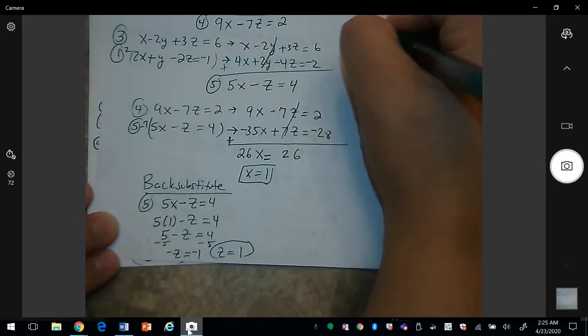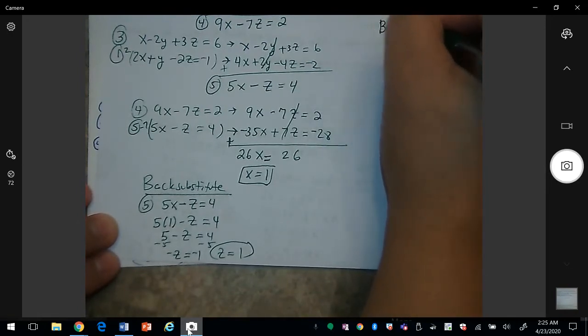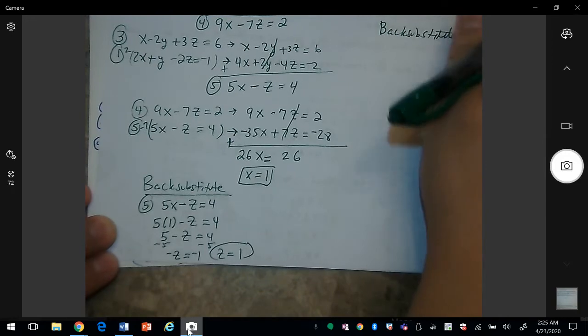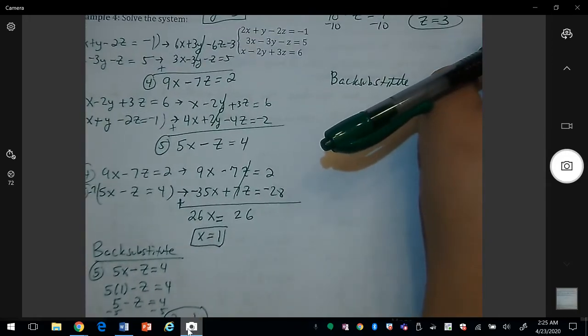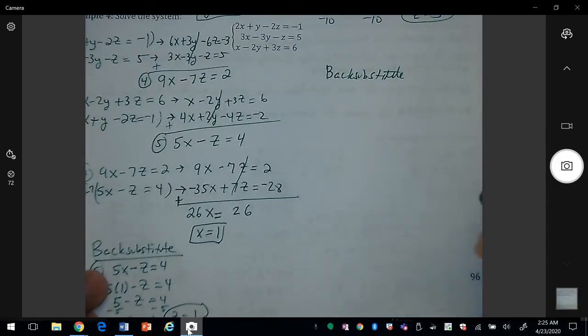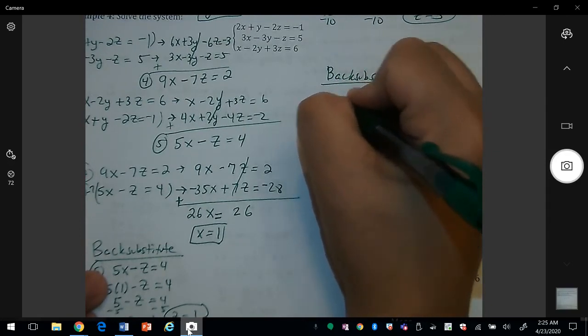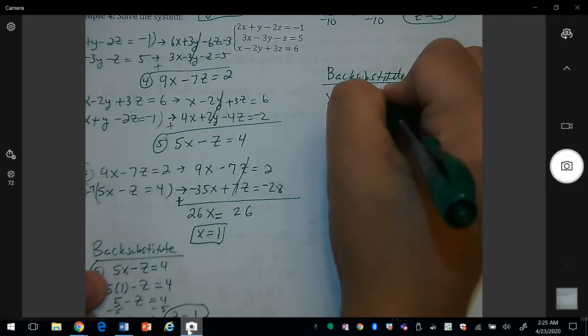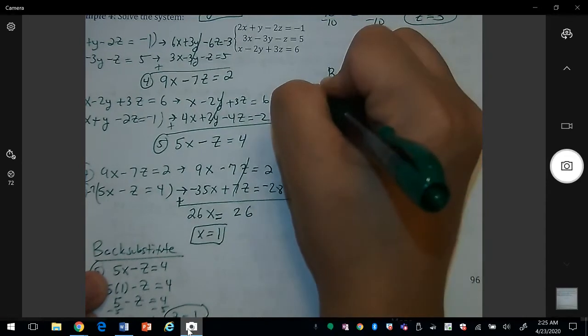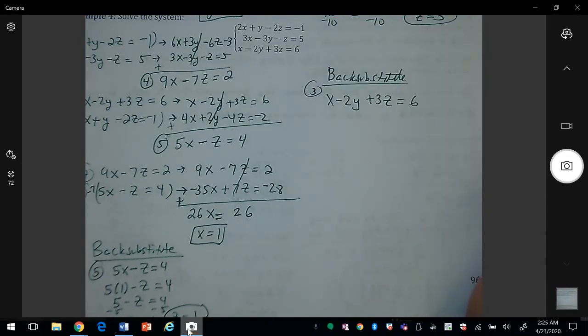And then finally, I'm going to back substitute into one of the original equations. So I'm going to choose equation number 3. Again, you could choose equation 1 or 2.